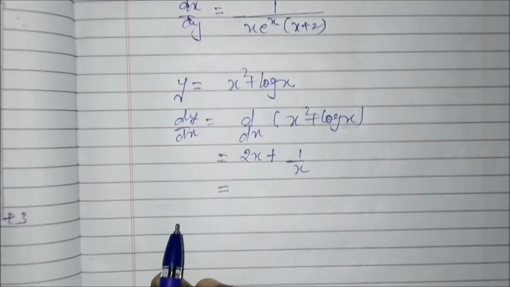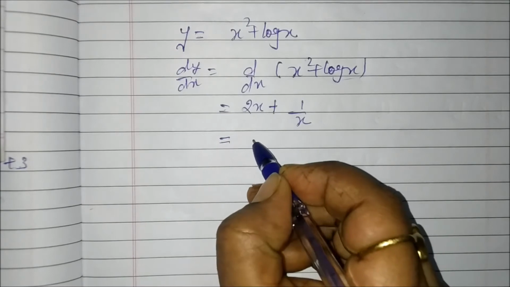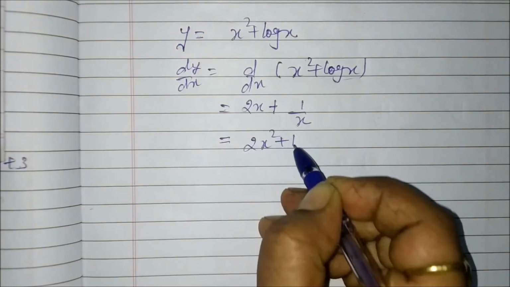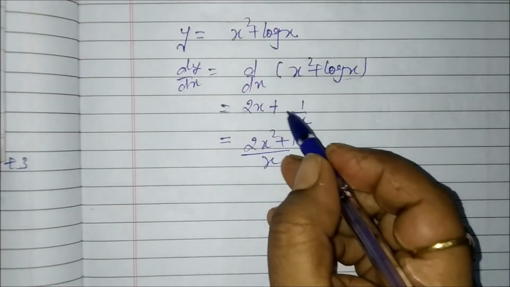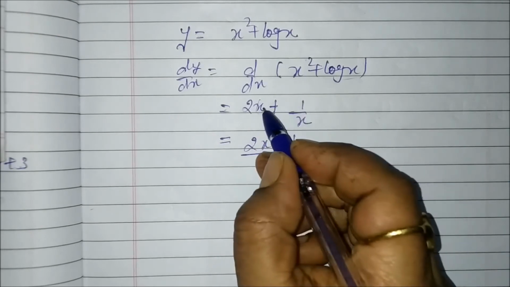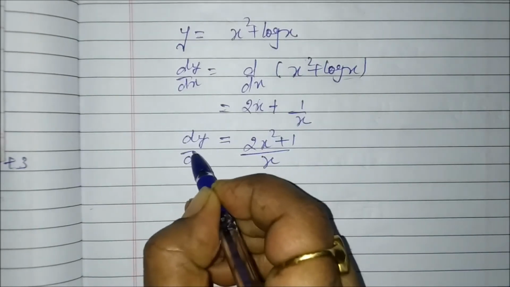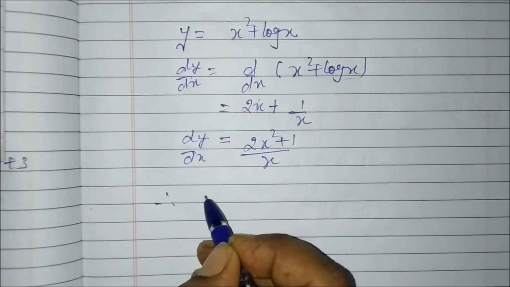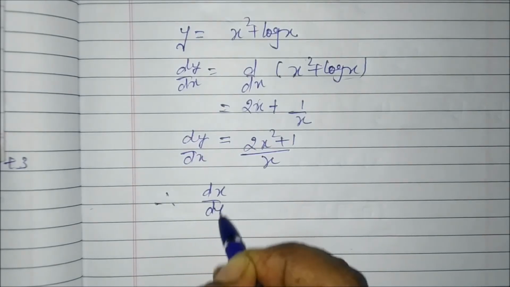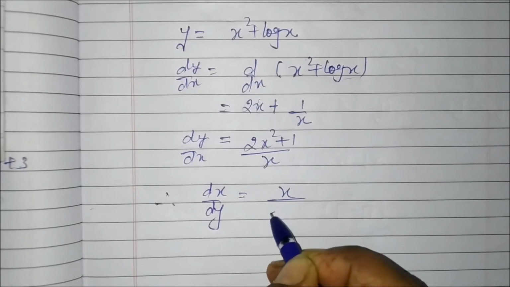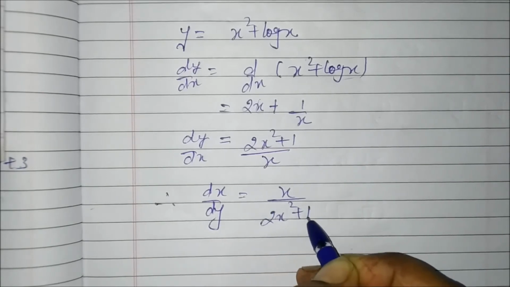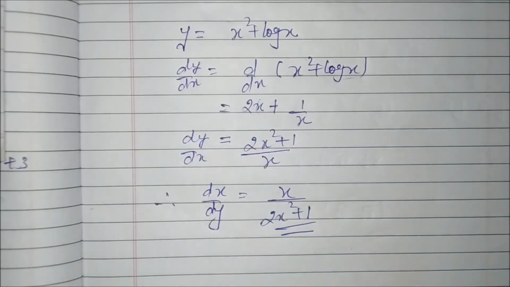Taking the LCM, we get 2x square plus 1 by x. Okay, by cross multiplication, 2x square plus 1 by x. This is your dy by dx. Therefore, dx upon dy equals x upon 2x square plus 1. Okay.